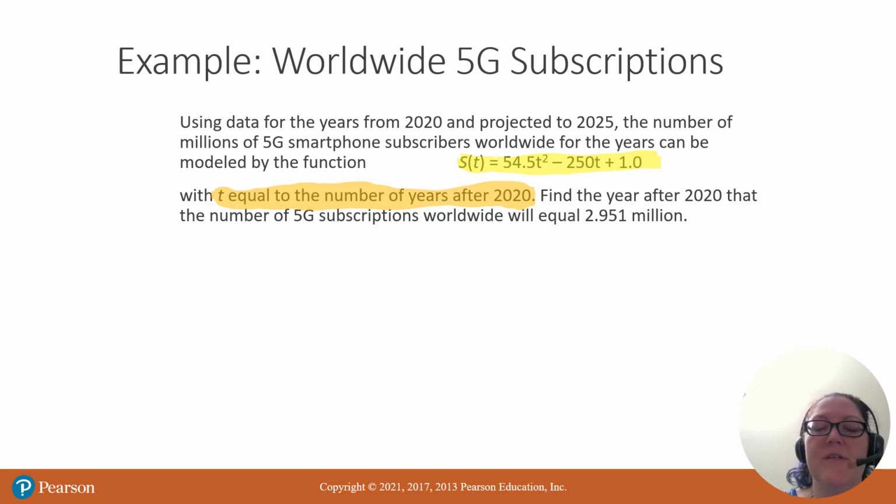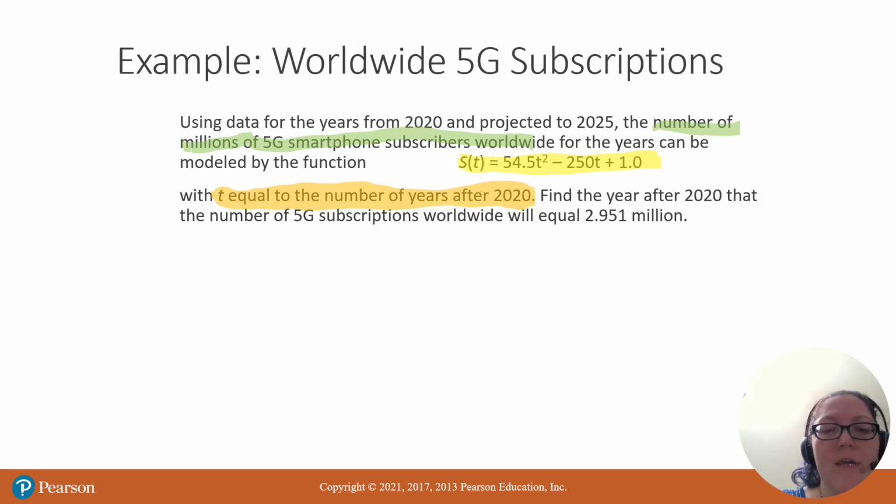I also noticed that when we talked about the function, it says "can be modeled by," and that was the keyword to let me know that the stuff that came before it, the number of millions of smartphone subscribers worldwide, is what S of t stands for.